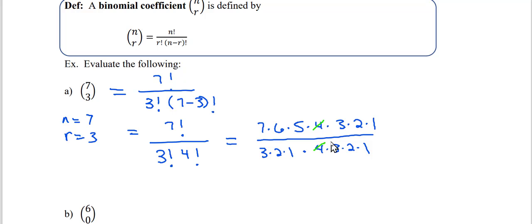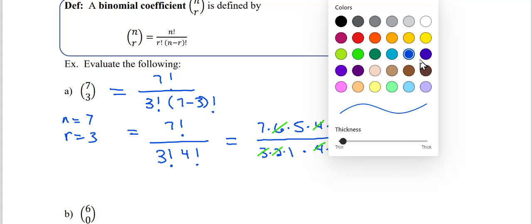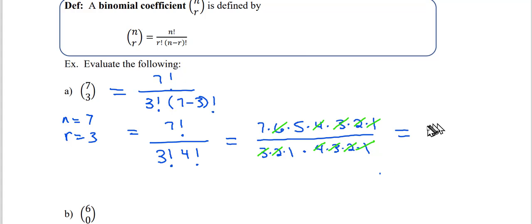That means these are common factors. It's like having multiplication times 4 over 4, which is 1. We don't need to write multiplication by 1. Same thing here. All of these can go. And then 3 times 2 is 6, so that can go. So all we have left is 7 times 5 in the numerator and 1 in the denominator. So this is 35.